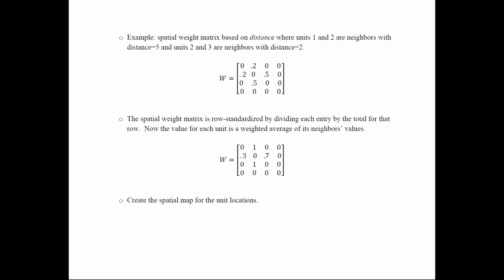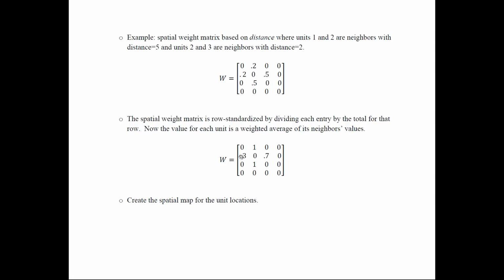And now we need to row standardize it by dividing each entry by the sum for the row. So here the sum for the first row is 0.2. So if we divide 0.2 by 0.2, this is how we get this value of 1. Here the sum would be 0.2 and 0.5, which is 0.7.